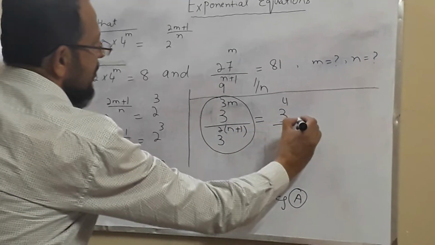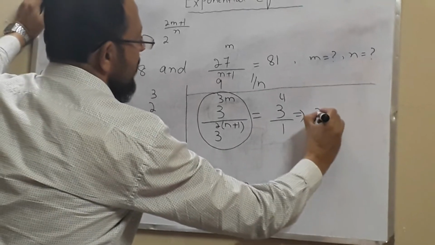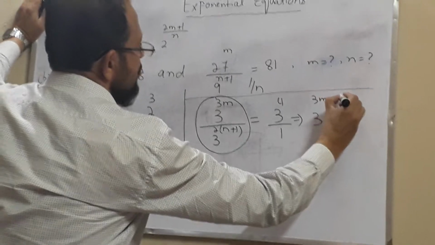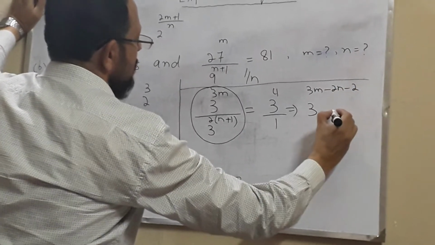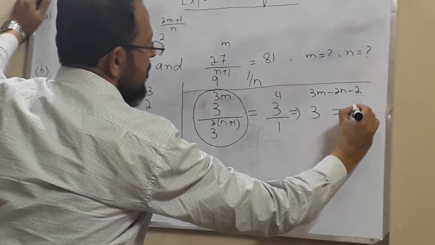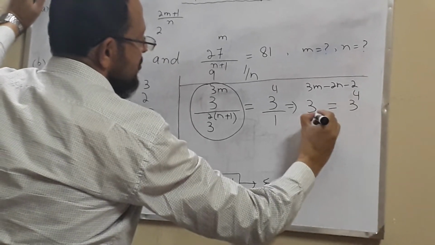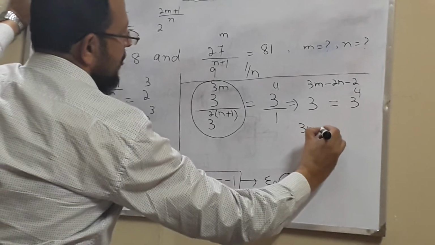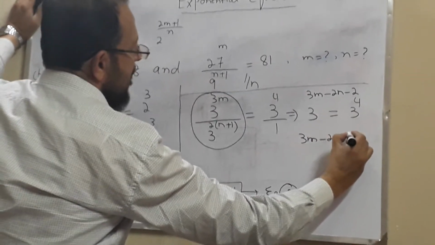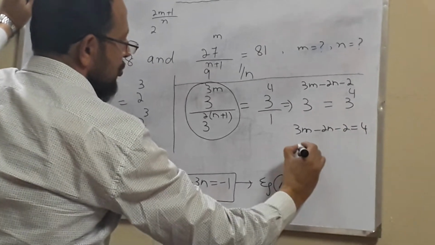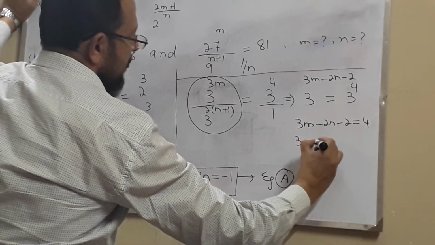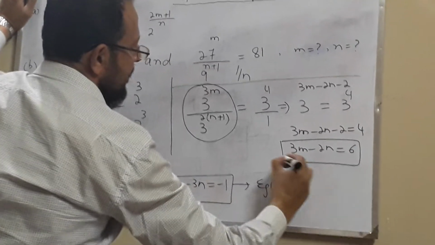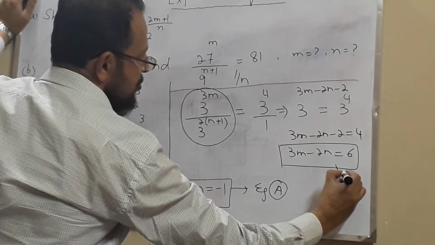So from here we get 3 raised to the power 3m minus 2n minus 2, which is equal to 3 raised to the power 4. Same bases, so powers can be equated. So we get 3m minus 2n minus 2, which is equal to 4. So 3m minus 2n is equal to 6. So let's call this equation B.